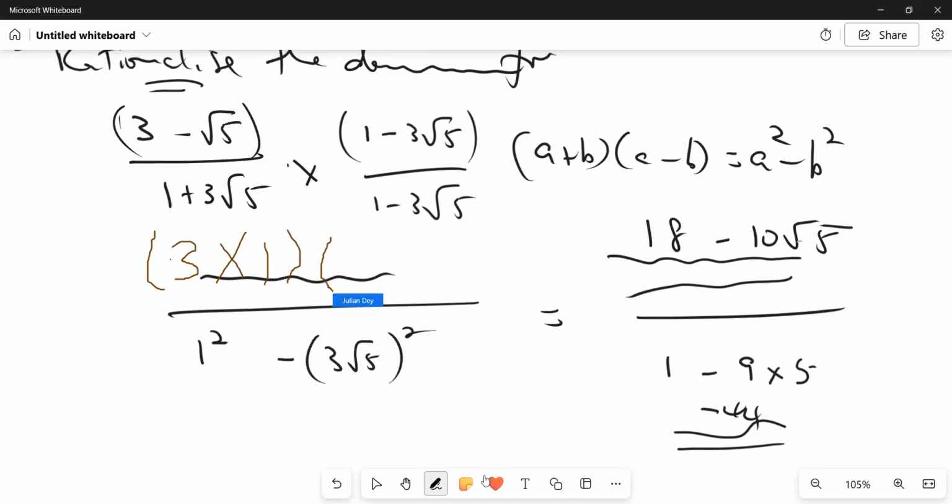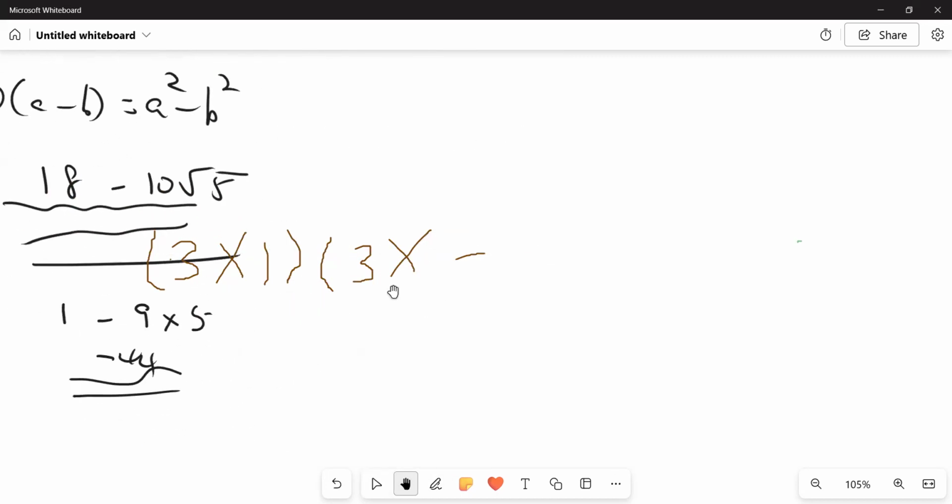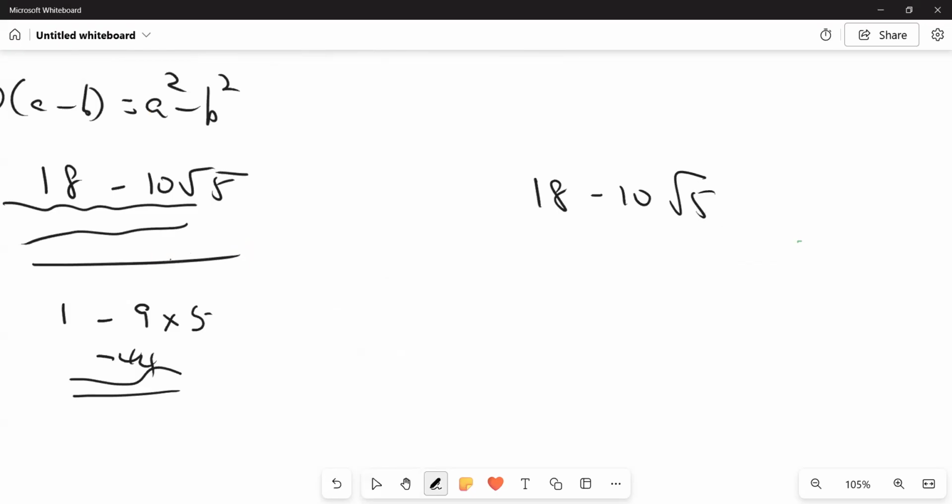So we end up with, let me shift this whole thing aside. So I'll have 18 minus 10 root 5 over minus 44. So what we could do, if I take out, what's a common factor here? 2.